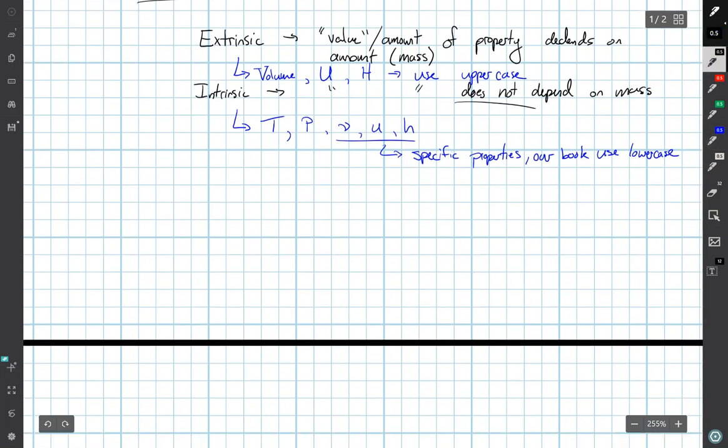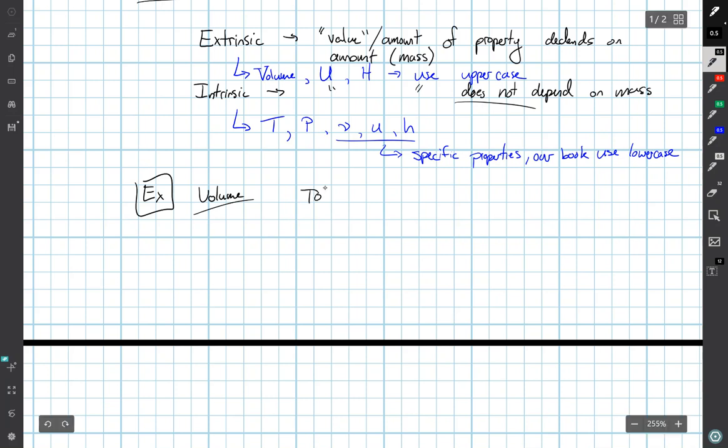Okay, and let's look just at the case of volume. So this is just an example. Just looking at the case of volume. So the extrinsic quantity volume, obviously the volume of a substance depends on how much you have.